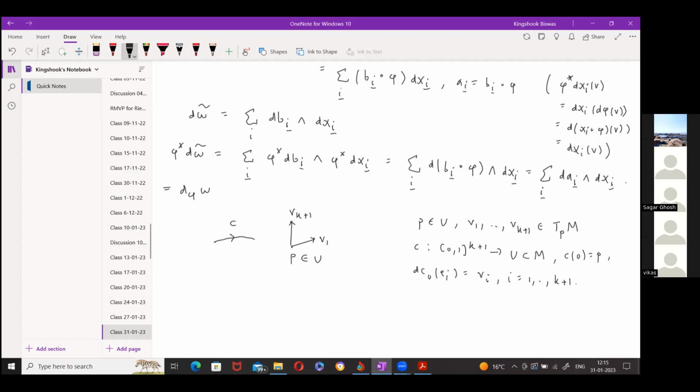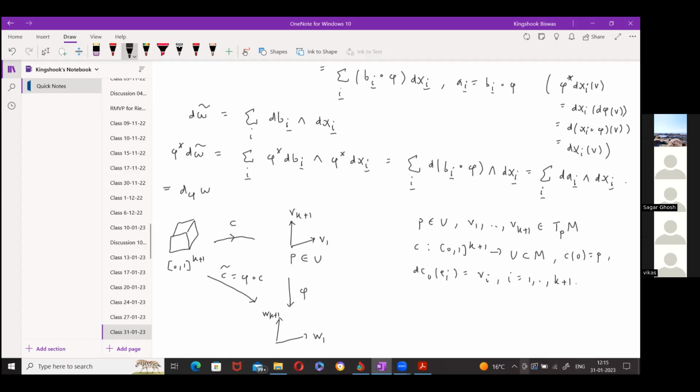Okay. So then what I can do is the following. I can compose this cube C with the chart phi to get a cube in Rn. C tilde is phi composed with C. So this will give me a cube in Rn with some vectors Wi here.